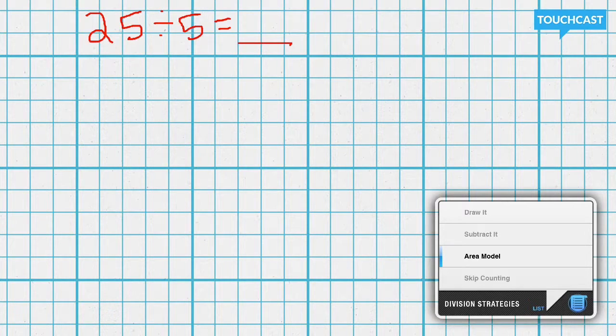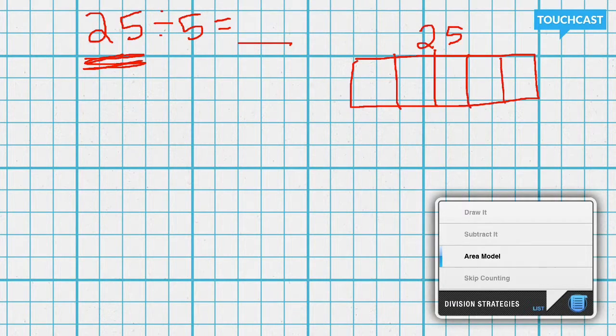Okay, so we know we have a total of 25 boxes. So the total is 25, and we are going to divide this into 5 parts. 1, 2, 3, 4, 5. Okay, so here's the 5.